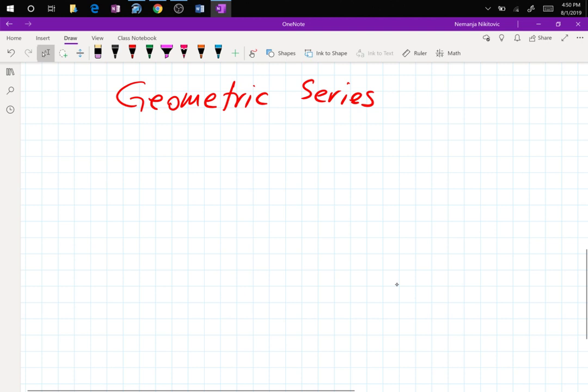So this is what the geometric series test looks like, and then we'll see how it's used.